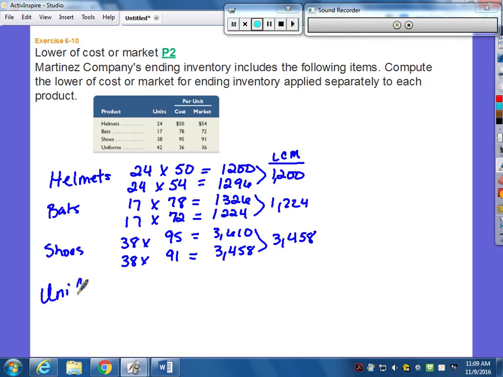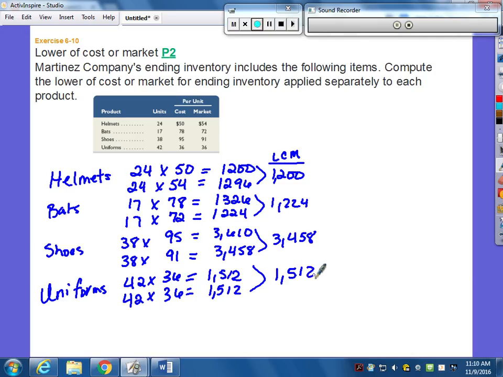Uniforms, you got 42. It says we paid $36 per uniform, 1,512. The market says those 42 uniforms are worth 36 as well, right? So lower cost of market obviously can only be 1,512, which means the total lower cost of market is how much?